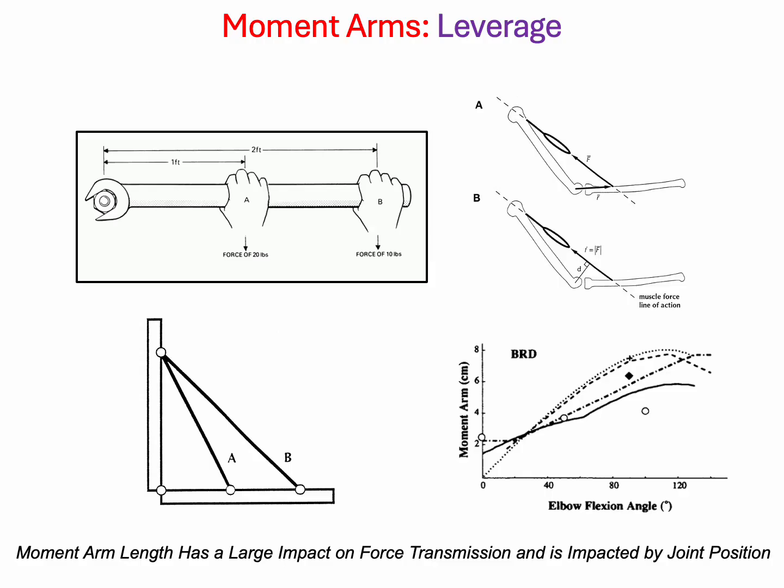So you can imagine a setup with the same origin, but the insertions are in different spots. We can think about it as an individual muscle. If a muscle is set up like what's shown here in position A, again, we could measure the moment arm from the center of the axis of rotation, or the center of the joint, and draw a line perpendicular to this line of action.